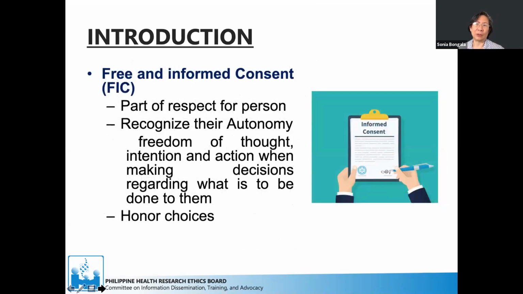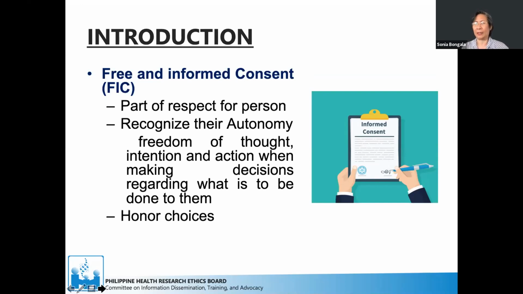Okay? So, getting the agreement of another person that a procedure or anything can be done to him will need a free and informed consent, both a process and a form that will show respect for the person and recognize the independence and autonomy of the person to decide what is the best thing that will be done to him or her.